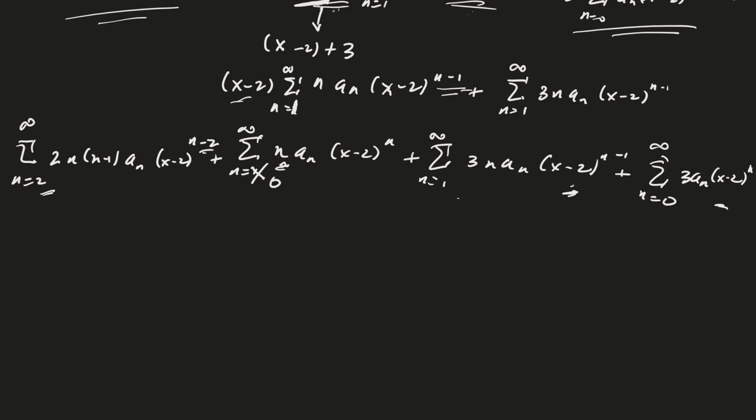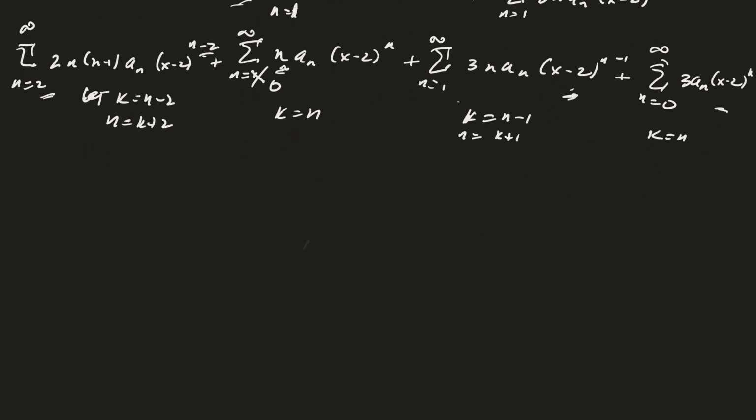Good. And so now we're ready. I'm going to let k equal n minus 2, or n equals k plus 2 in this first one. And then for this one, we'll have k equals n, or n equals k. And for this one, we'll have k equals n minus 1, or n equals k plus 1. And then this one will be n equals k, or k equals n, either way.